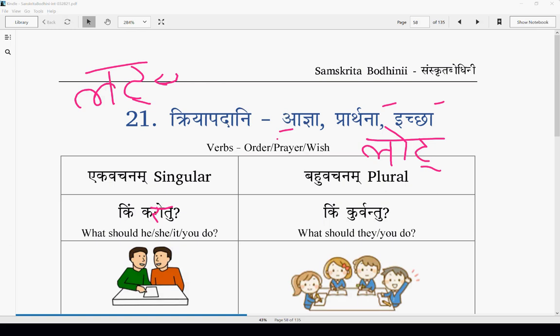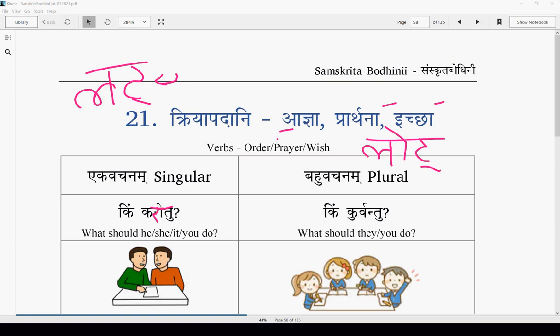Whereas with this Lot Lakara, if we want to order somebody to do something, like go to the school, that is a request or an order, or we are praying to somebody to do that action, or simply Ichha.